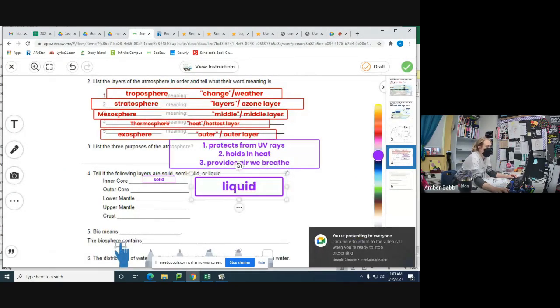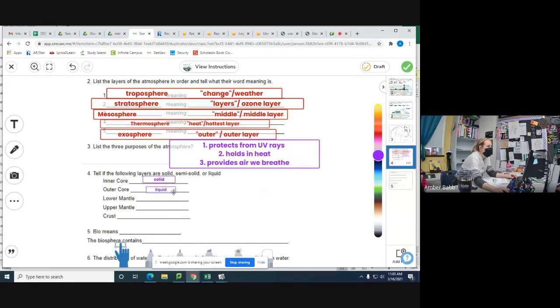Outer core, liquid. Lower mantle. Semi-solid. This is the one that is the semi-solid one. All right. Upper mantle, Kaylee. Solid. And the crust, which is where we are. Solid, thank goodness. It would be hard to get around if it was liquid. Well, some of it is liquid.